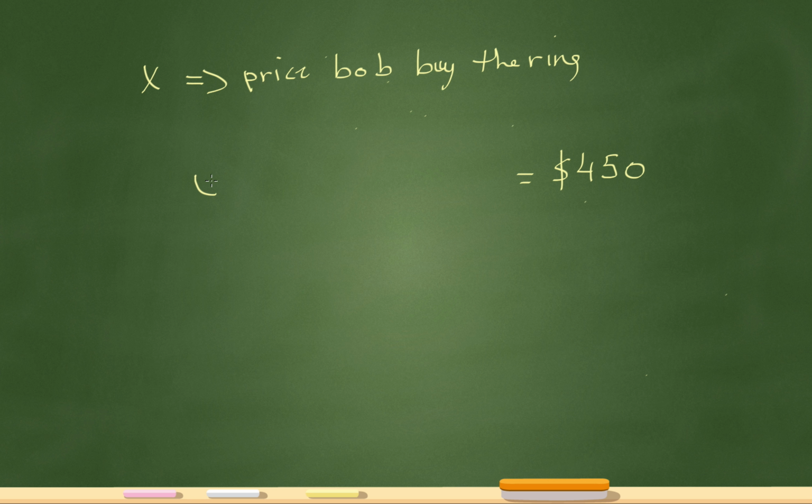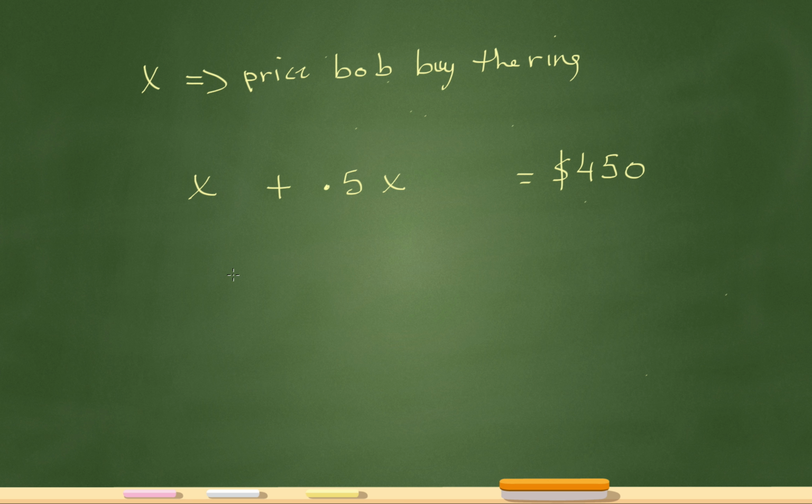So let's say Bob buys the ring for X dollars. In order to put a markup on it, he's going to take 50% of that, so 0.5x. Remember what I was doing in the previous examples too. 50% of x is just going to tell me what the markup is. And then we know he's selling for $450.